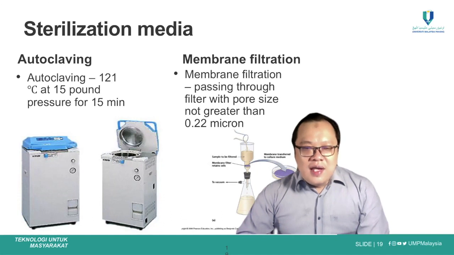In autoclaving, we usually sterilize the media or plasticware or glassware at 121 degrees Celsius at 15 pounds of pressure for 15 minutes. For the home experiment, I suggest you use the pressure cooker, as this pressure cooker will have the same temperature and pressure that is required in the autoclaving method of sterilization.